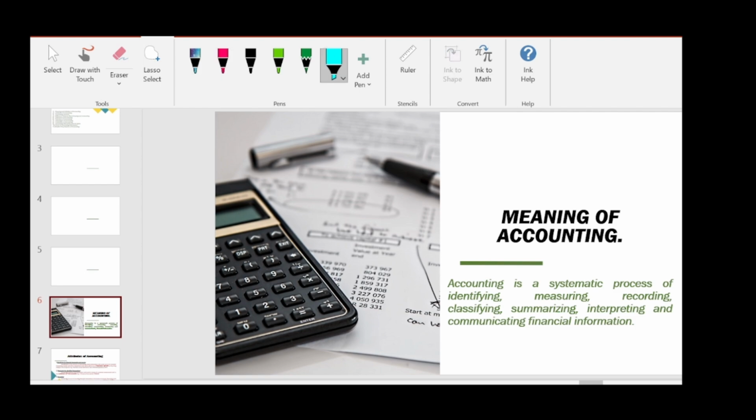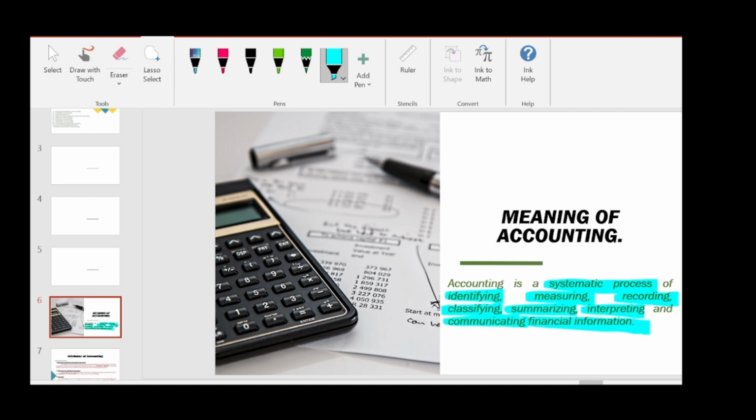So, we will first read the meaning of accounting. Accounting is a systematic process of identifying, measuring, recording, classifying, summarizing, interpreting, and communicating the financial information.